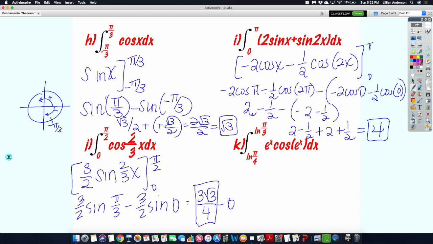And then for this one, hopefully you recognize that this is a u substitution problem where we can make u equal e to the x. So then du would be e to the x dx. So then this becomes the cosine of u du that we're going to evaluate with respective bounds. The antiderivative of cosine is sine.